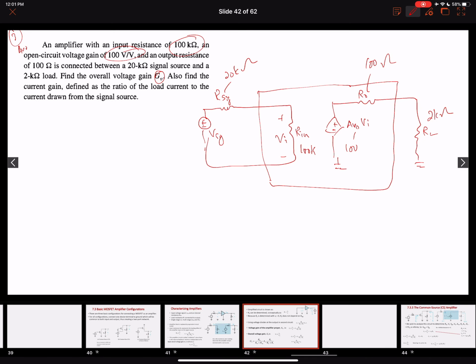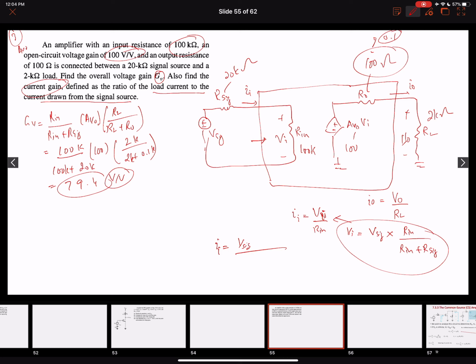If I put this over here, the value of Ii I get will be equal to V signal over Rin, times Rin over Rin plus R signal. So Rin will be cancelled out, and the value I got is V sig over Rin plus R sig. Okay, so this is the value of Ii.